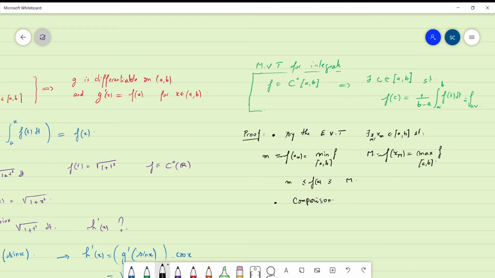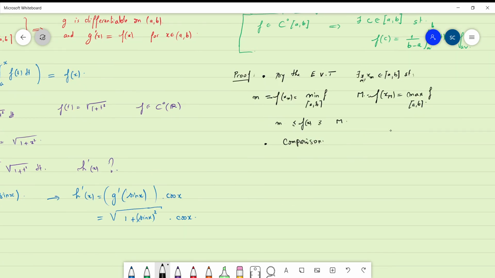So we will obtain that m times (b minus a) is less than the integral from a to b of f(x) dx, which is less than M times (b minus a). Then divide by b minus a. So we will have this quantity, we can change the variable if you want, the integral of f(t) dt, between capital M and small m.